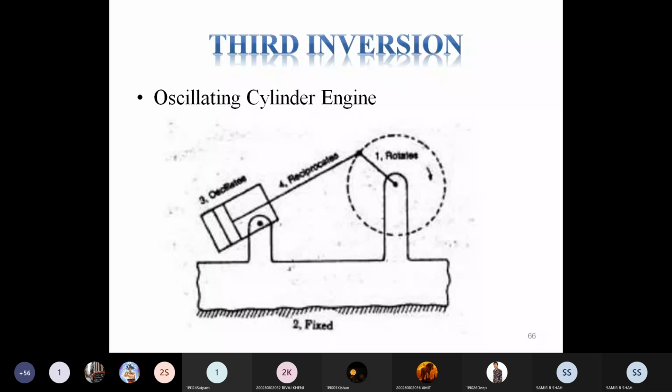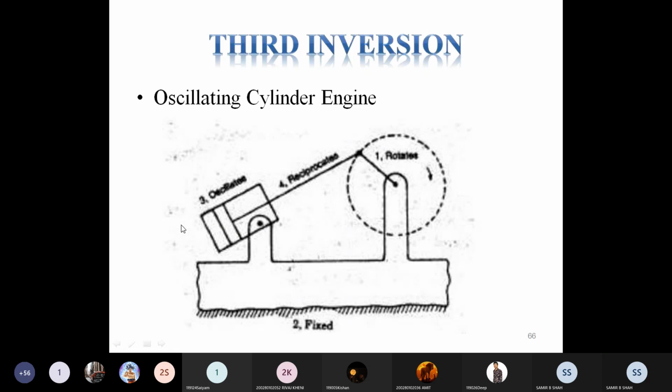Now, next one, the third inversion, is known as the oscillating cylinder engine. As you can see in the diagram, link 1 is there, link 3 is there.